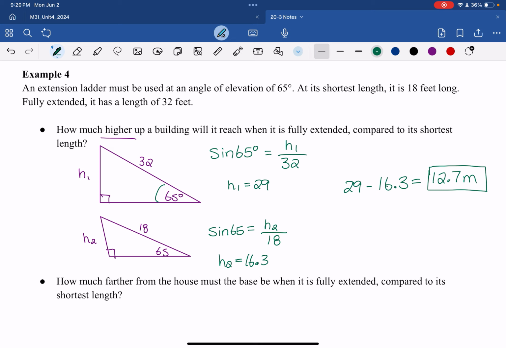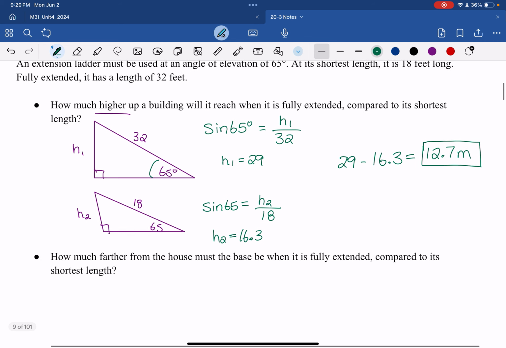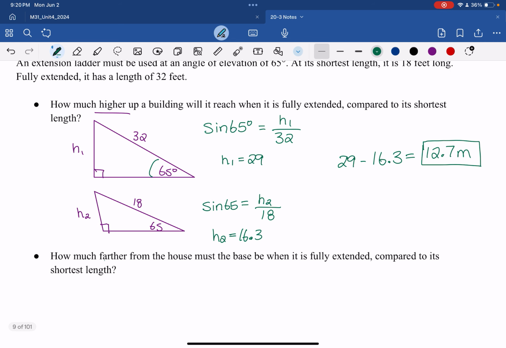Now, in order for this ladder to function safely, it has to be at an angle of elevation of 65 degrees. That means that depending on the length that it's extended, we have to have it at a different width from the base. So part 2 here is asking how much further from the house must the base be when it's fully extended compared to its shortest length.